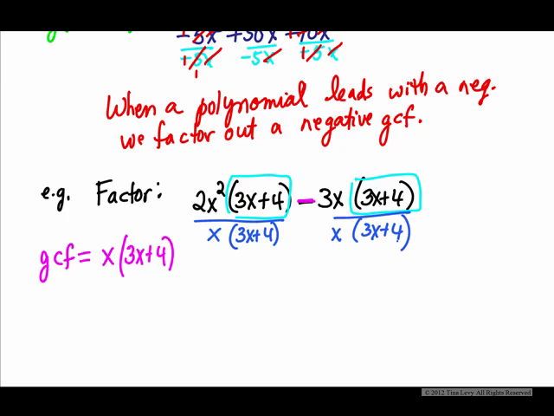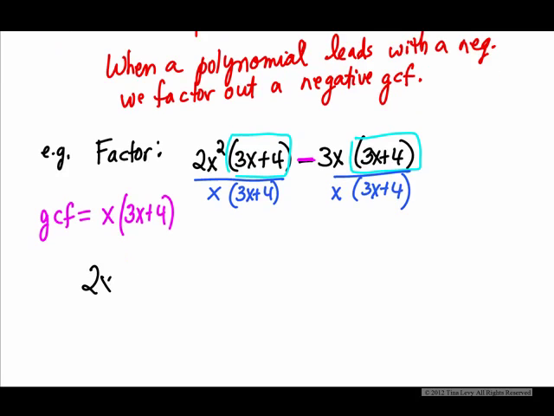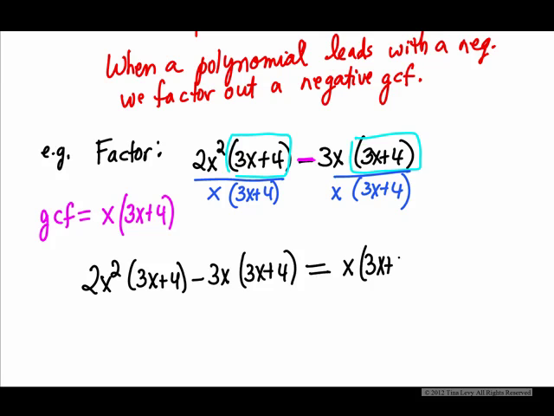So factoring this problem, I will have 2x squared times 3x plus 4 minus 3x times 3x plus 4. This is somewhat tricky. The greatest common factor, I put the x and the 3x plus 4, and now I'm ready to divide these, and that's what's going to go in the parentheses.